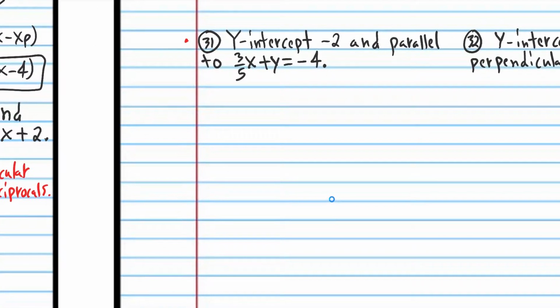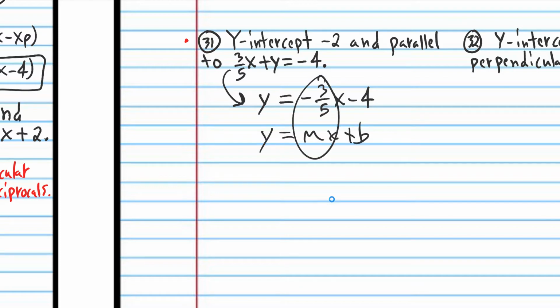So in this problem, all we have to do is just subtract 3/5 x from both sides, and we get y is equal to negative 3/5 x minus 4. So all we did was just change the form of that equation. Because we changed the form, we can now see, again, this is y = mx + b form, so we can see that negative 3/5 is the slope.